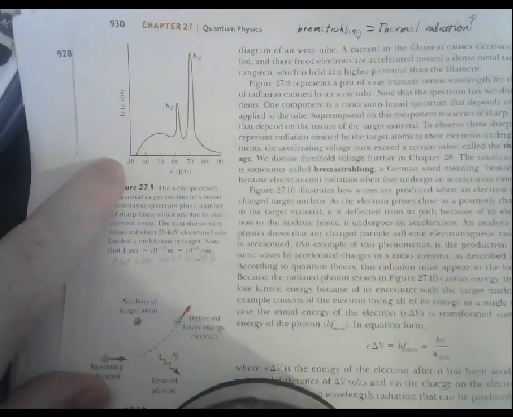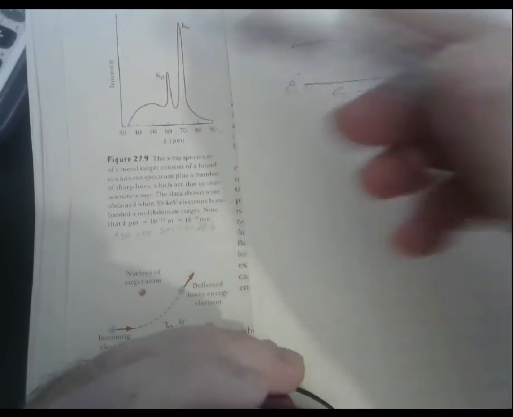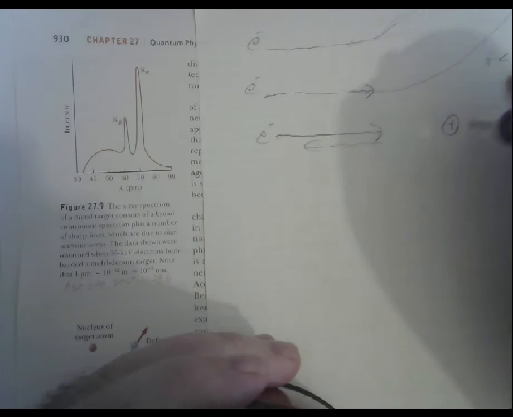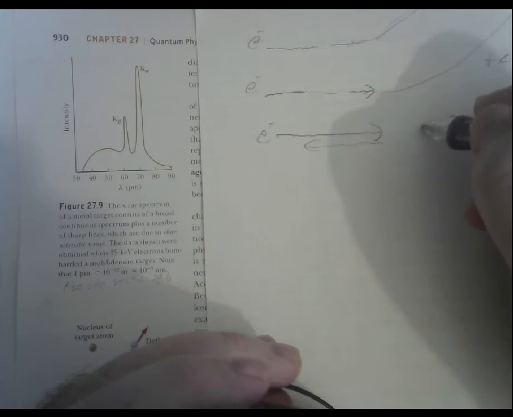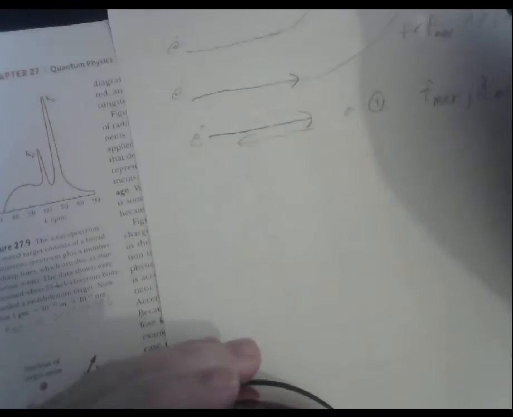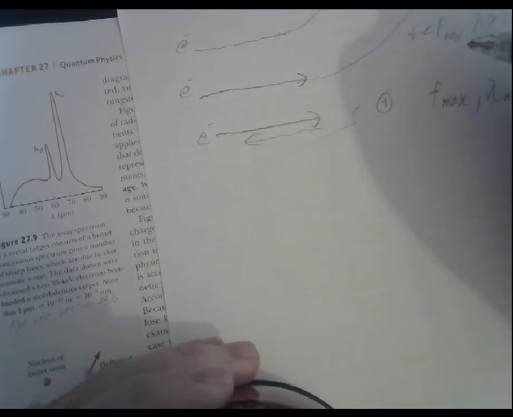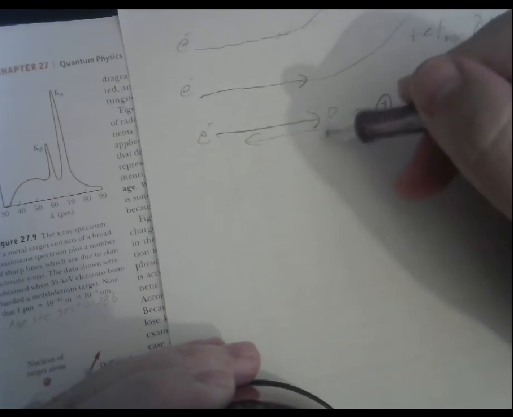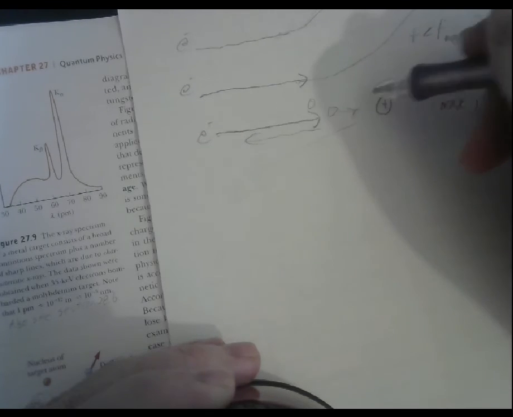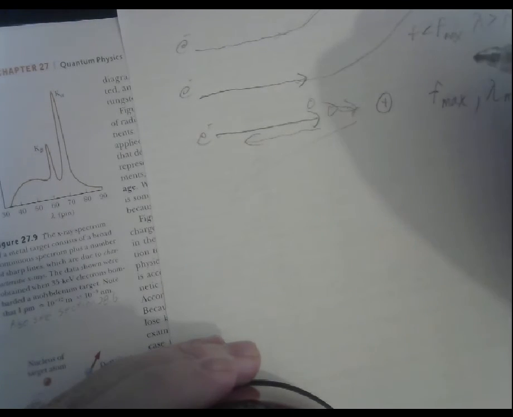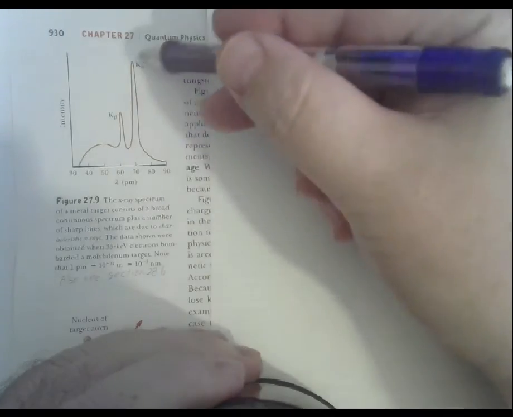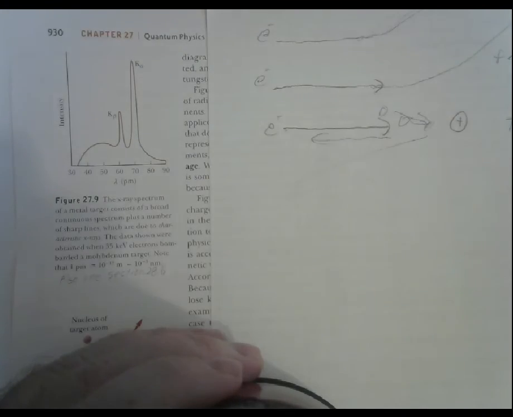Other things happen. For instance, this line and this line come from a certain thing happening where this electron will knock out an electron somewhere in the center of the atom and eject it, and then other electrons further out in the atom fill in that shell, and when they fill in those shells, that produces these particular frequencies of radiation.